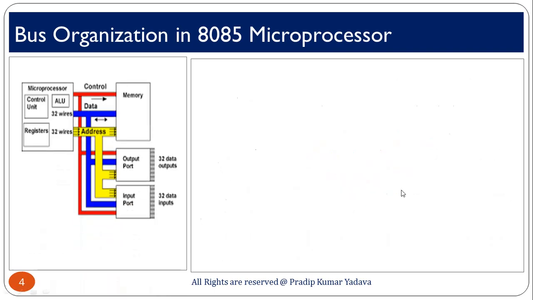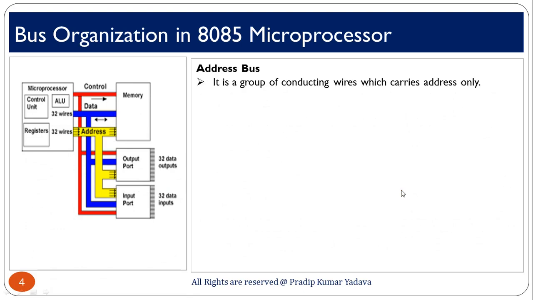Now talking about the address bus, it is a group of conducting wires which carries addresses only. Address means, suppose you have to store any data in the microprocessor. So firstly you have to allocate a space or a memory location to store the data. That memory location, that address, is carried by the address bus.